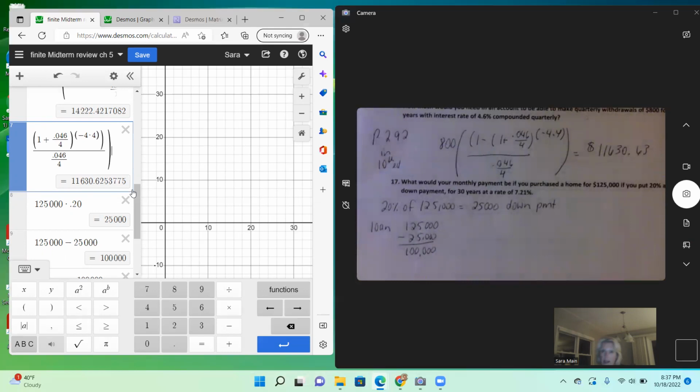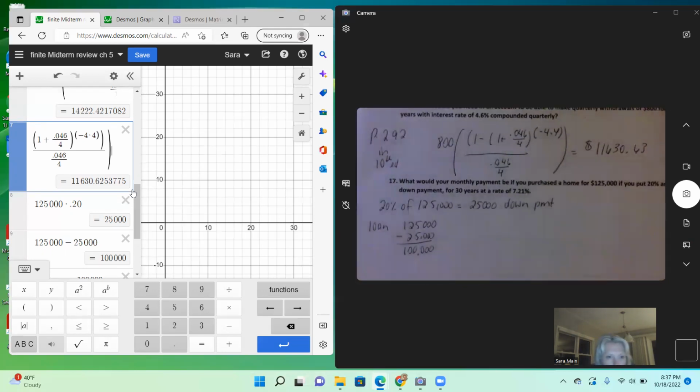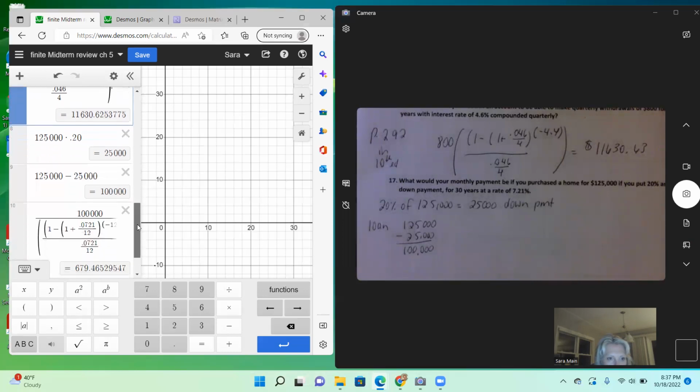Now this is if you can find a house for 125,000. Okay, so you're going to borrow 100,000.